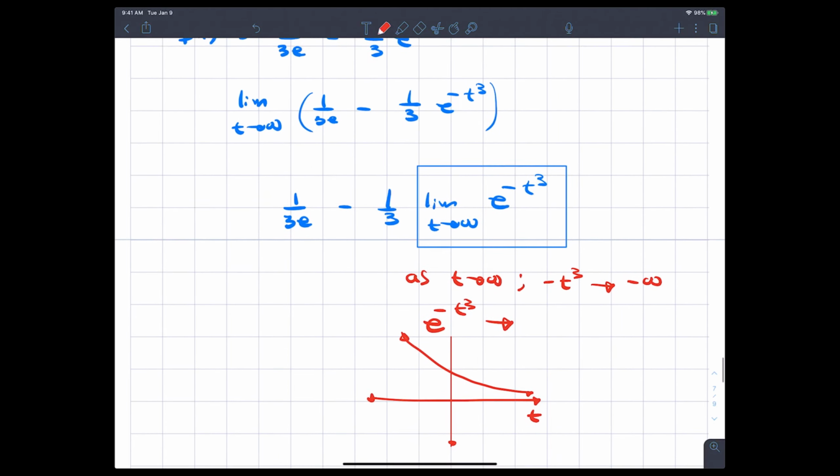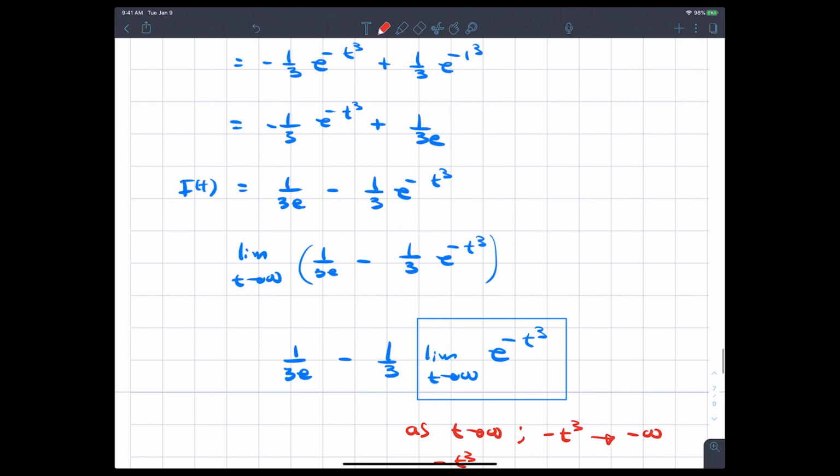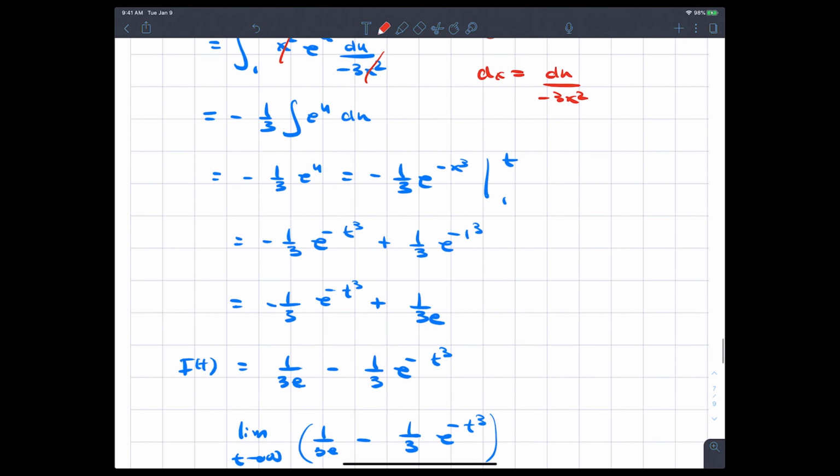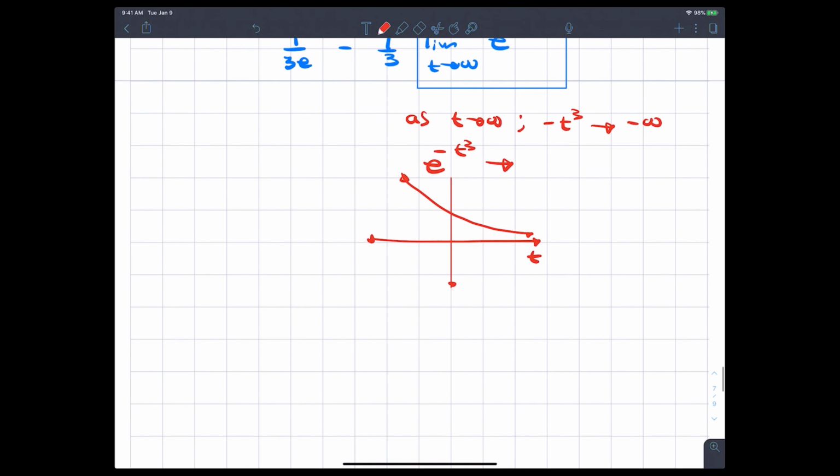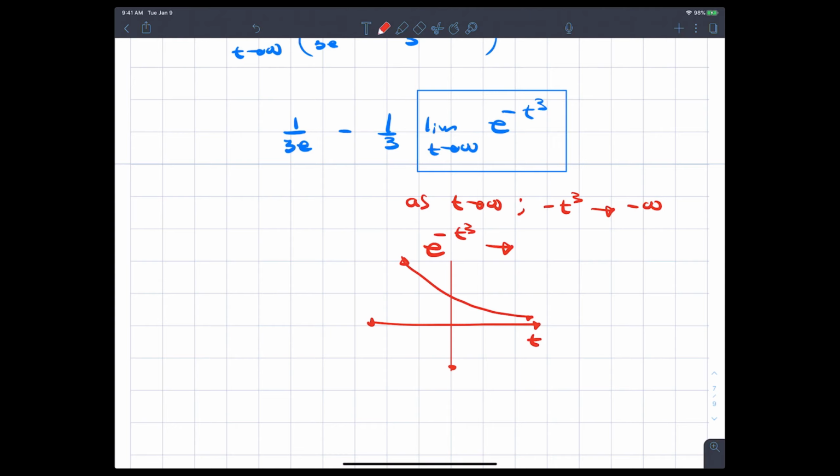So if this is where we're at, assuming we didn't make a mistake on this. So we say as t gets big, minus t to the third power, that actually goes to minus infinity. So e to minus infinity, that looks like it's infinity.